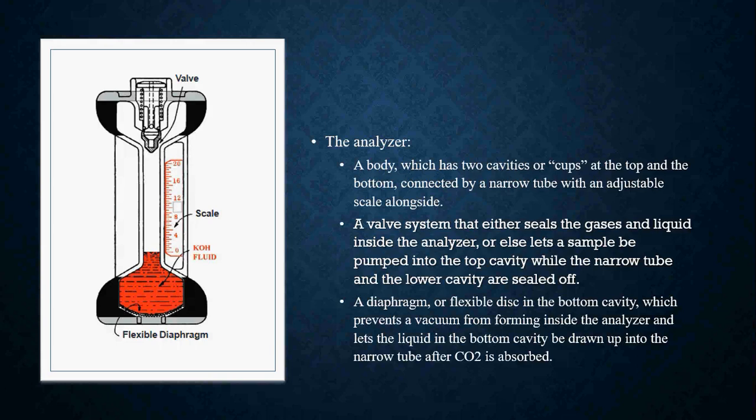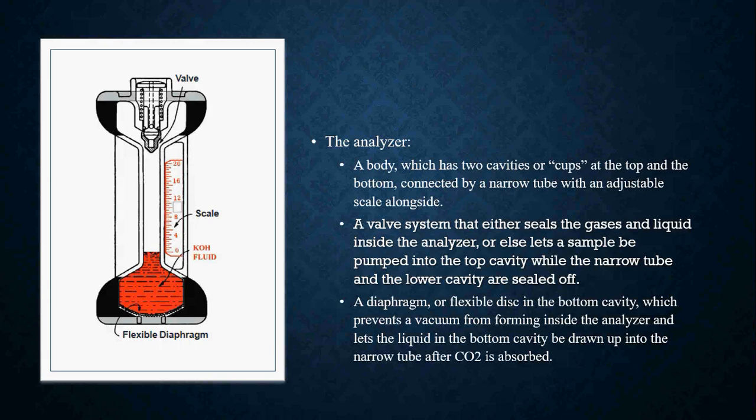Okay, which is a body which has two cavities or cups at the top and the bottom, connected by a narrow tube with an adjustable scale along the side. A valve system that either seals the gases and liquids inside the analyzer, or else lets a sample be pumped into the top cavity while the narrow tube and the lower cavity are sealed off.